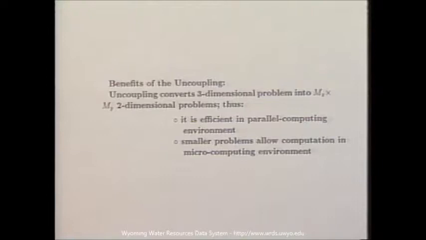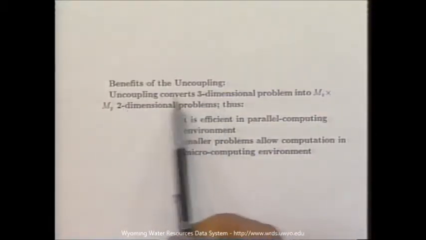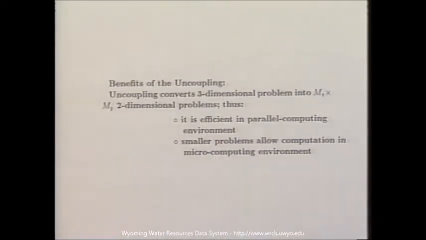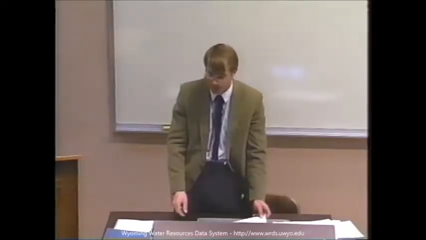So each of the smaller problems is handled by one of the processors in a parallel environment. Or, because these are smaller problems, you can put them into a microcomputing environment and solve one problem at a time. I will talk more about this when we get into the particular problems.